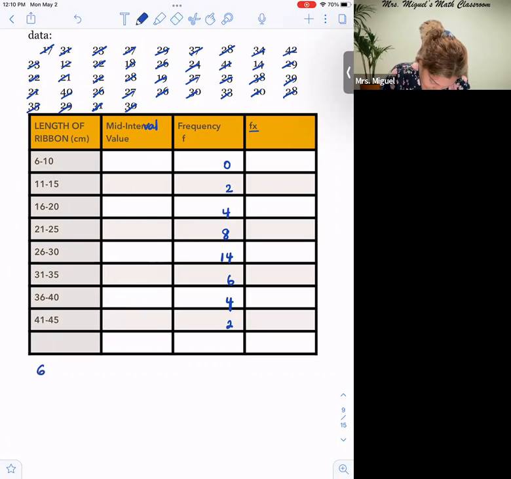So the first one, 6 plus 10 divided by 2, 16 divided by 2 is 8. And f of x, 8 multiplied by 0 is 8. So go ahead and complete the table for me.